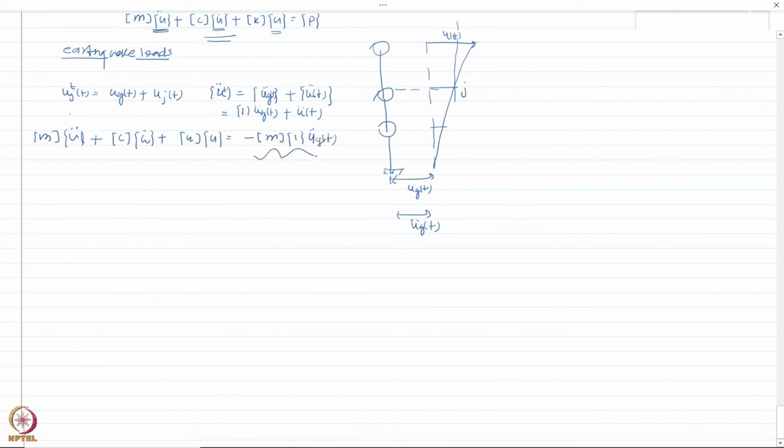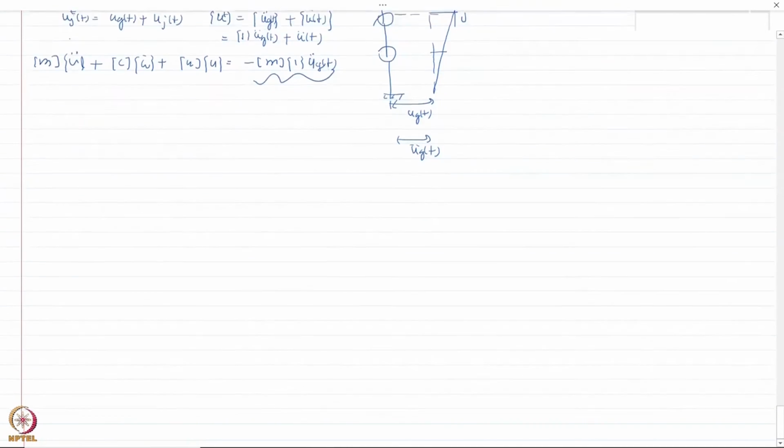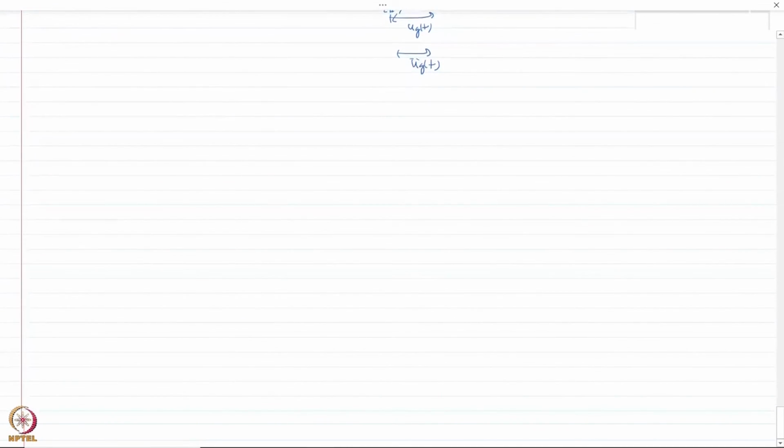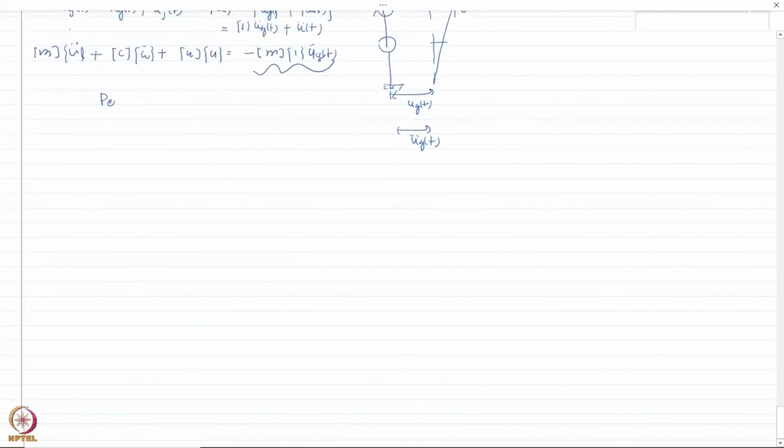And this is my effective force vector for a seismic excitation of a multi-degree of freedom system. So I'm going to write my P effective as minus m, this one, and then ug double dot T.